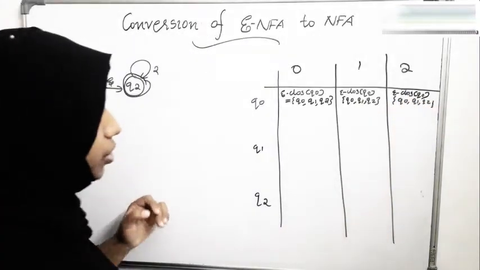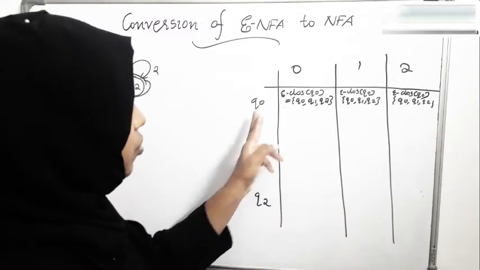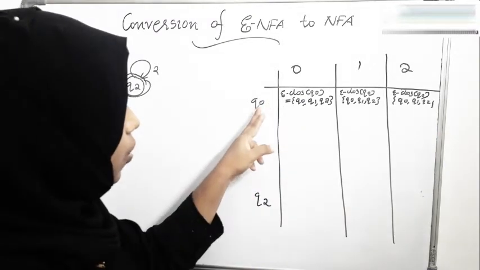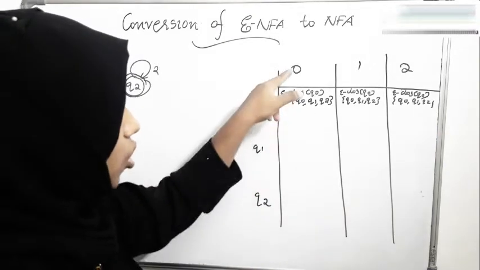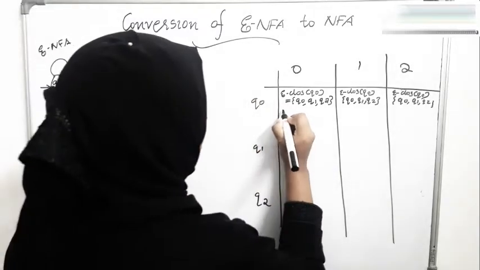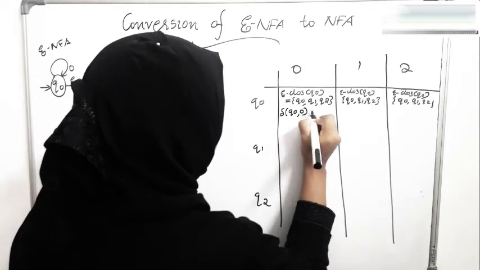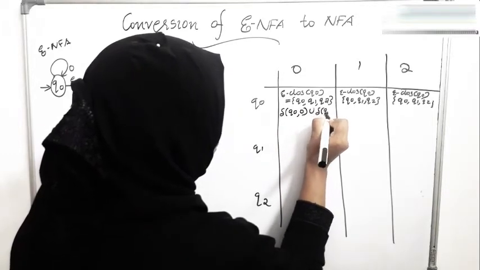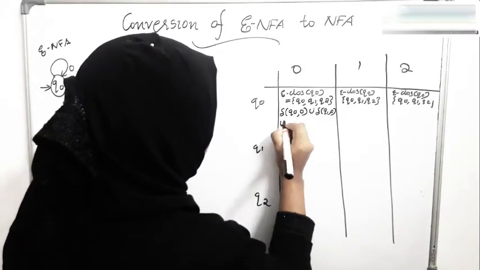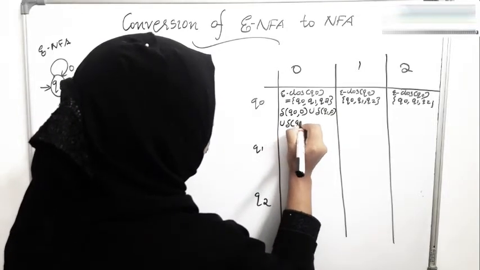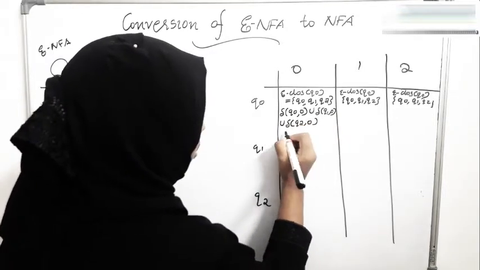Very same computation. Now what you have to do is apply delta of these states comma 0. That is, delta of Q0 comma 0 union delta of Q1 comma 0 union delta of Q2 comma 0. This is what you need to do.